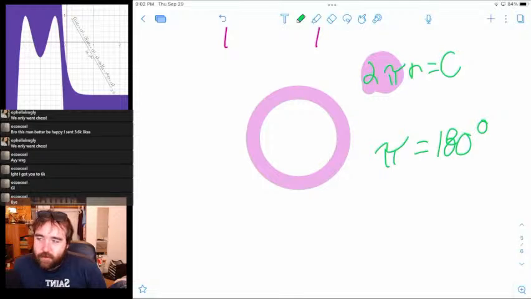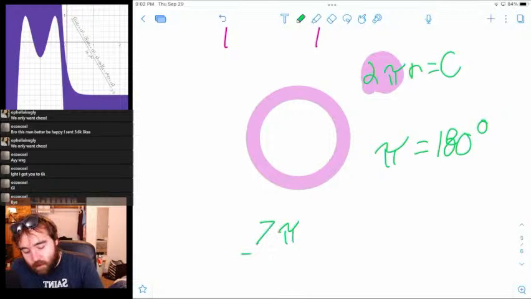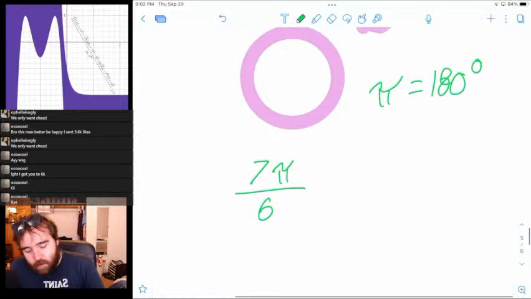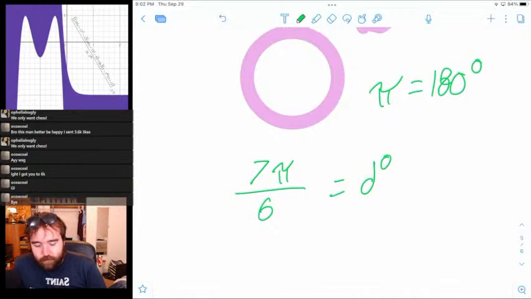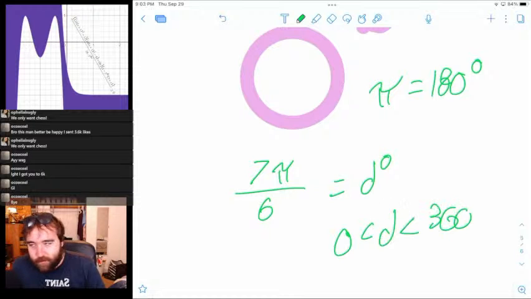Okay, got it. So then the question: an angle with a measure of 7 pi over 6 radians has a measure of d degrees, where 0 is less than or equal to d, which is less than 360. Yeah, ignore that.